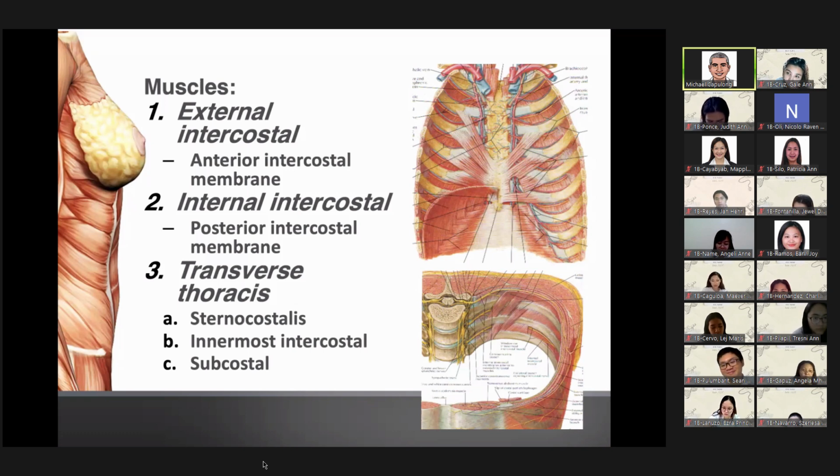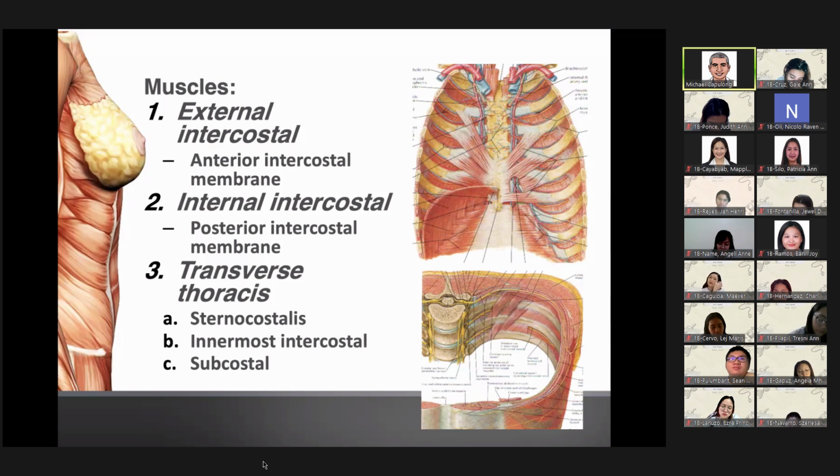So this is to differentiate this from your internal intercostal muscle, which is deeper to your external intercostal. So when you dissect the external intercostal and go deeper, the next layer you will be seeing will be your internal intercostal muscle.